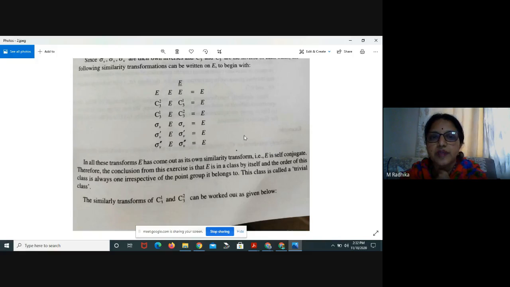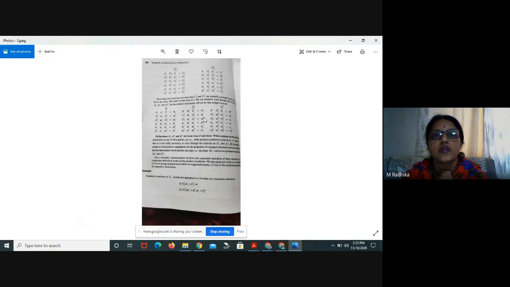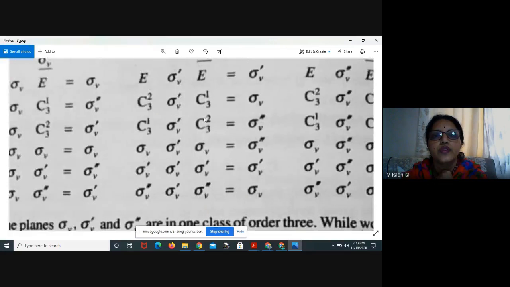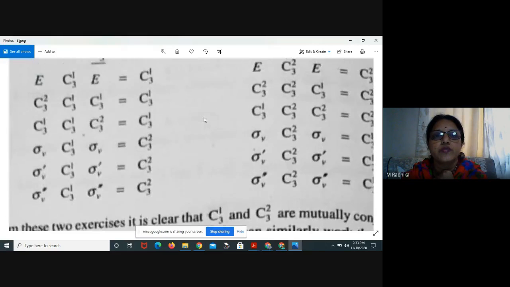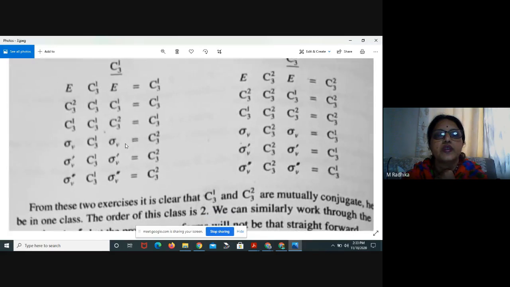Now the same thing we will do with the similarity transformations with C31 and C32. So no need to learn by heart. If you know how to do it, you yourself can write. I will just talk about C31. Instead of taking the identity, let me take this one.